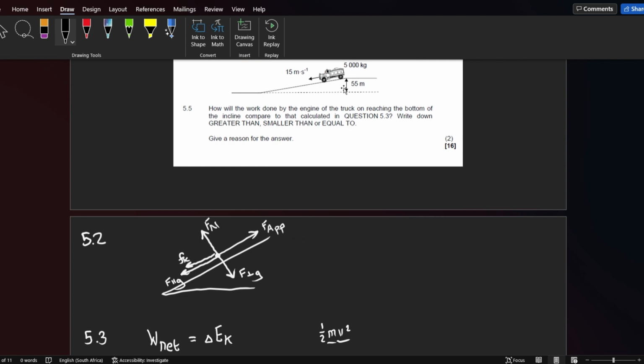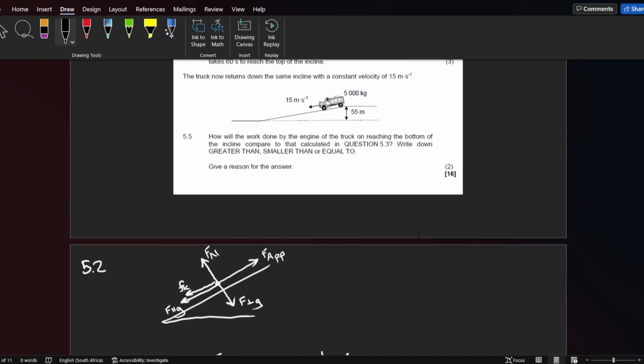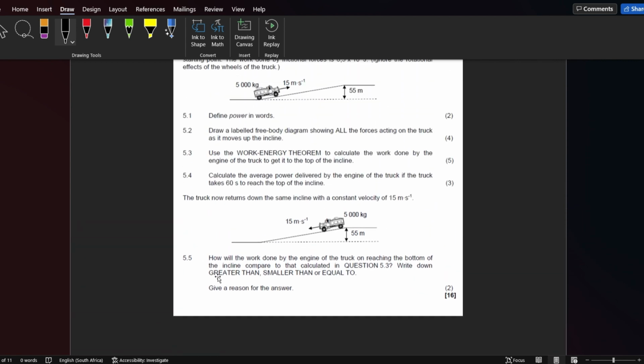So basically, in the second scenario, the applied force will be acting downwards, whereas the frictional force will be acting upward. Now they ask us, how will the work done by the engine of the truck on reaching the bottom of the incline compare to that calculated in question 5.3? Write down greater than, smaller than, or equal to, and give a reason for your answer.